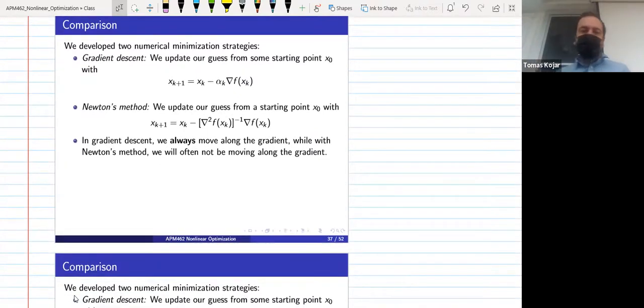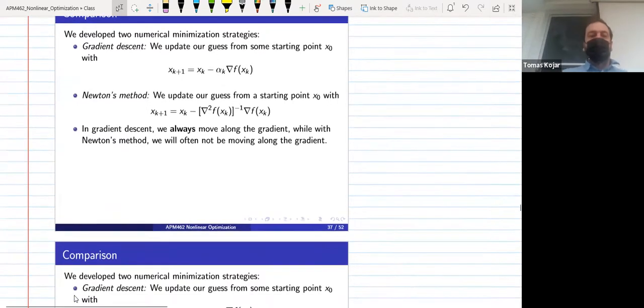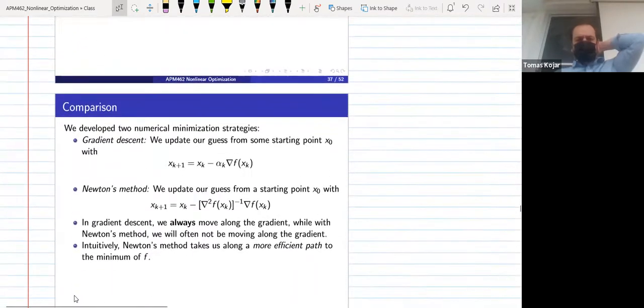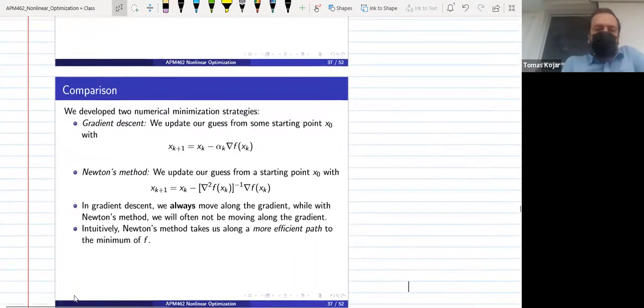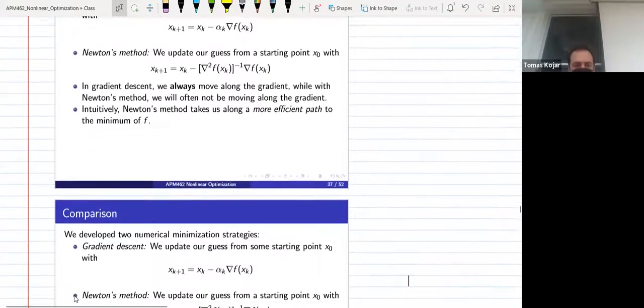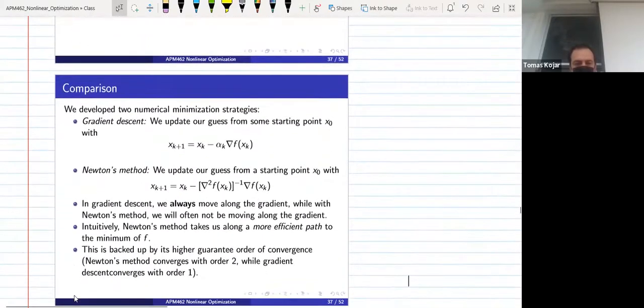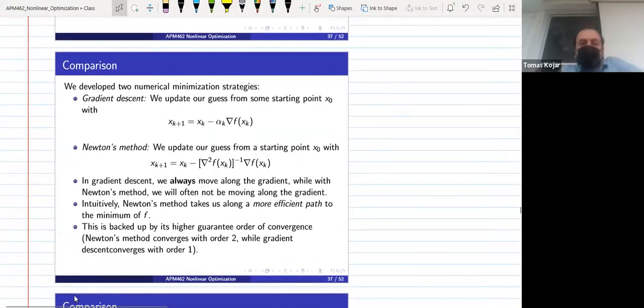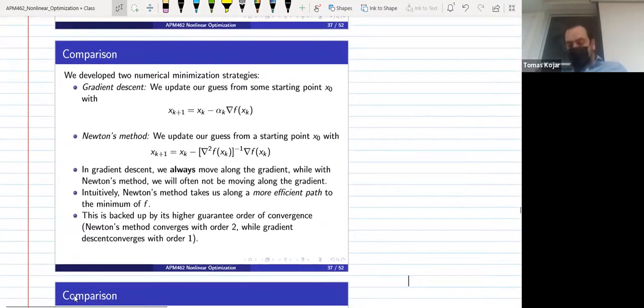In gradient descent, you move along the gradient, but like we talked about last time, Newton's method is root finding and has little to do with the function itself. So Newton's method is faster because you're just solving a polynomial.